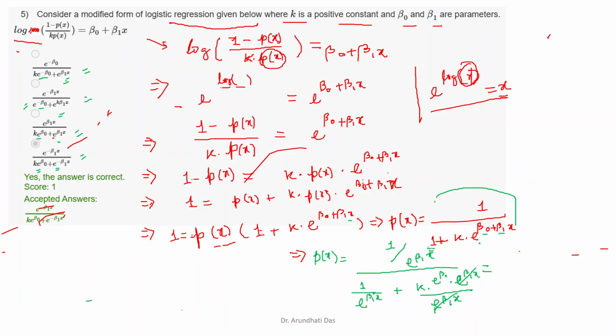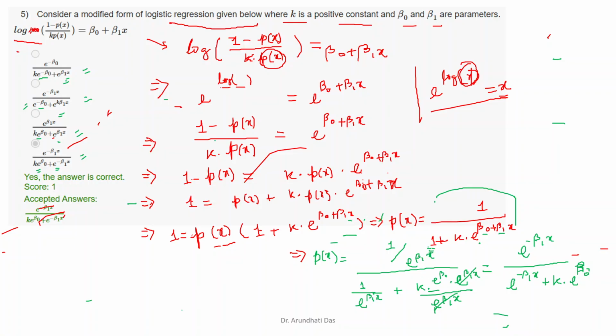The numerator term is 1 divided by e to the power b1x, which I can write as e to the power minus b1x, and similarly in the denominator e to the power minus b1x plus k multiplied by e to the power b naught, correct. So this will cancel out.